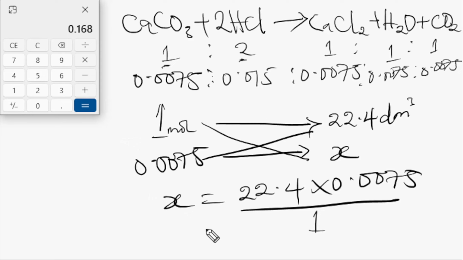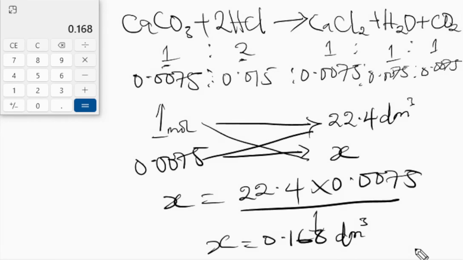So this will give us 0.168. So x is equal to 0.168 dm cubed. So guys, that's the answer to this question.